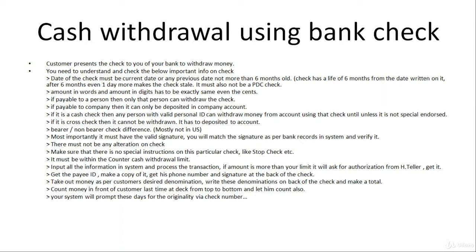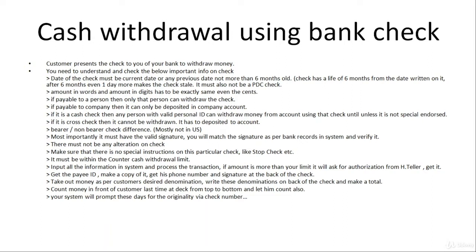Then you can simply refuse the check without checking any other details and tell the customer, sorry sir, this check is stale now. Now there is only one way. You go back to the account holder and let him change the date and sign. If this check belongs to the same person, it is his account, you can tell him to change the date and sign next to the date in front of you. This is for stale checks.